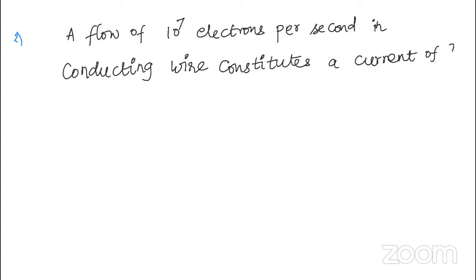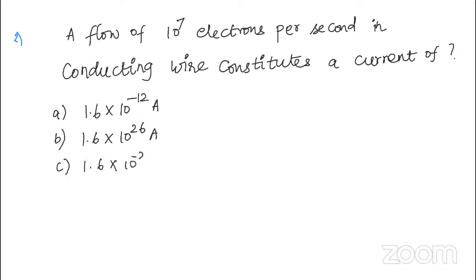Okay, so here they have given the options: A is 1.6 into 10 power of minus 12 ampere, B is 1.6 into 10 power 26, C is 1.6 into 10 power of minus 26, and D is 1.6 into 10 power of 12 A. Okay, so let us now choose the correct option.